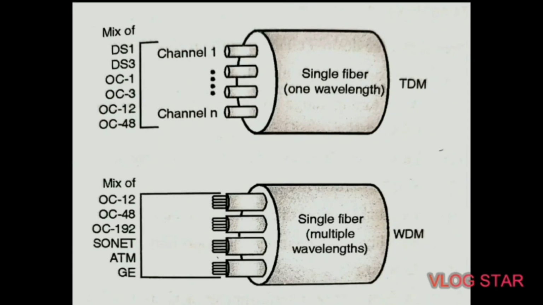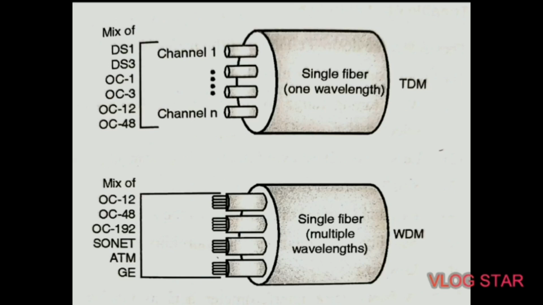SONET TDM takes synchronous and asynchronous signals and multiplexes them to a single higher bit rate for transmission at a single wavelength over a fiber. Source signals may have to be converted from electrical to optical, or from optical to electrical and back to optical, before being multiplexed.